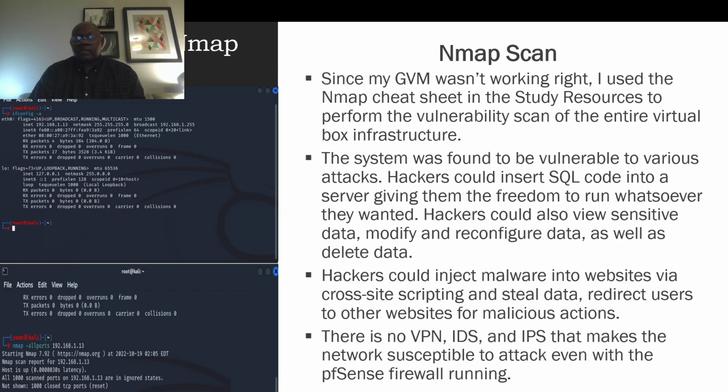Hackers could insert SQL code into the server, giving them the freedom to run whatsoever they wanted. Hackers could also view sensitive data, modify and configure data, as well as delete data. Hackers could inject malware into websites by cross-site scripting and steal data, redirecting users to other websites for malicious actions. There are no VPN, IDS, and IPS, which makes the network susceptible to attack, even with a firewall running in the background.